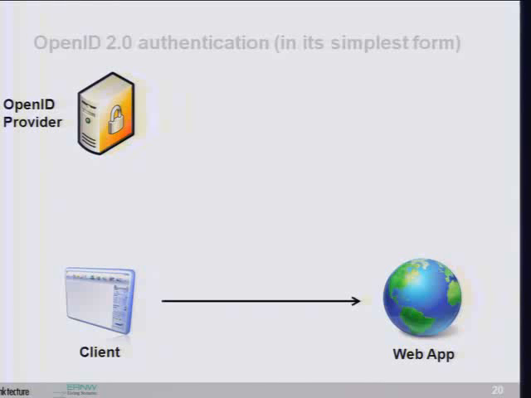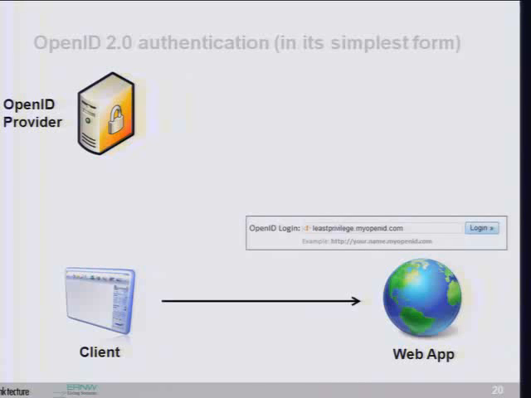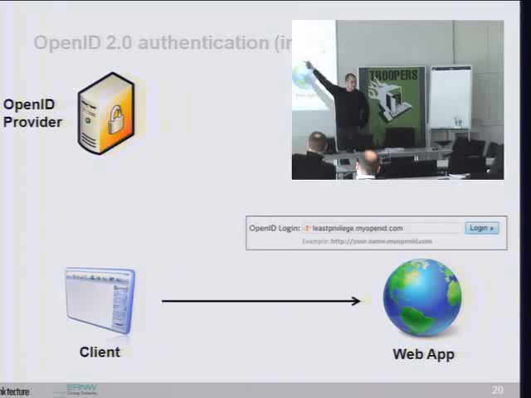With OpenID, it's different. By design, every application can accept every OpenID from any OpenID provider. And if you can become your own OpenID provider, you have to ask yourself, how trusted are these OpenIDs, okay? So the first step in the OpenID world is not establishing trust with the provider.